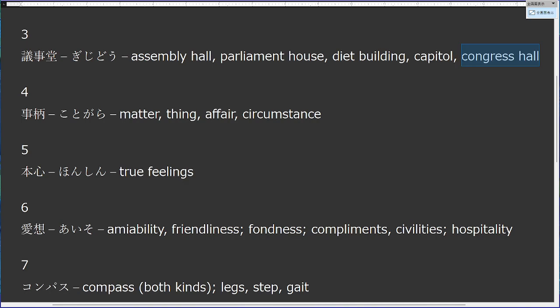Or a Capitol, a Diet building. A gijido is an assembly hall. Gijido is an assembly hall. Gijido desu.